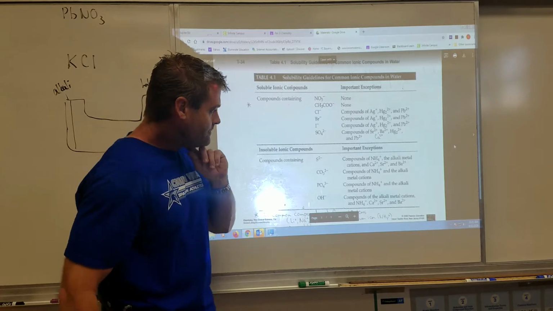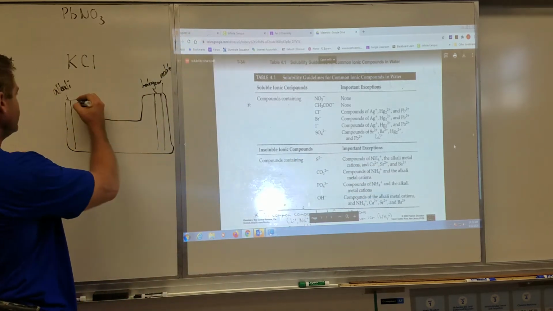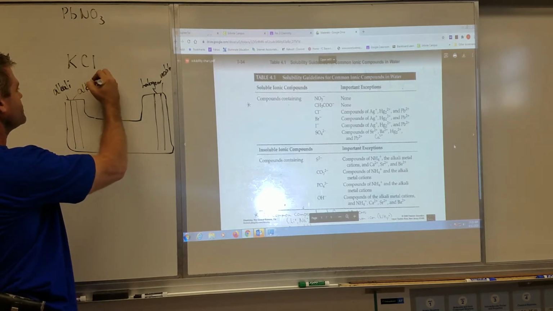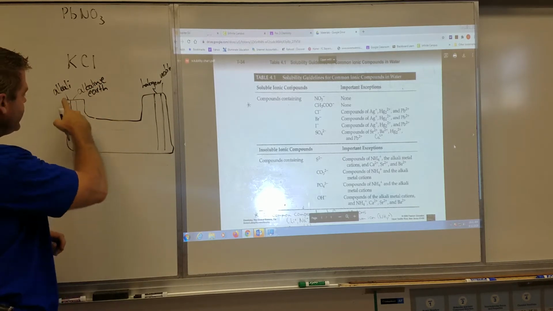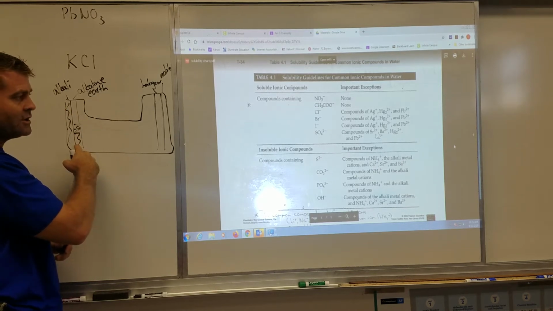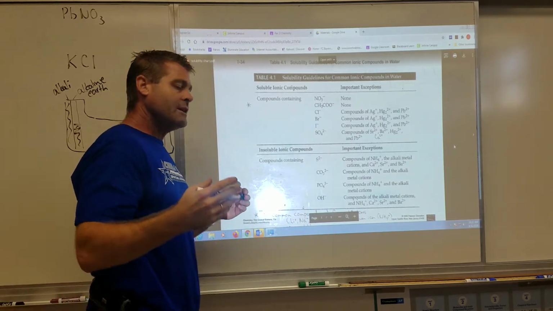And then also, you can see a few exceptions are calcium, strontium, and barium. Those are the alkaline earth metals, and those are the heavier ones, right down here. So basically any substance with these metals in it will tend to be soluble, as those are exceptions to the anions that are insoluble.